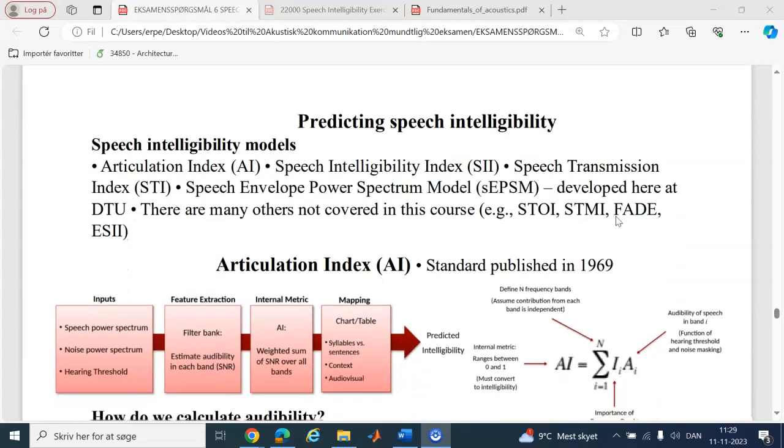So then we come to predicting speech intelligibility. There are some methods or models: articulation index, AI, speech intelligibility index, SII, speech transmission index, STI, and speech envelope power spectrum model, EPSM.